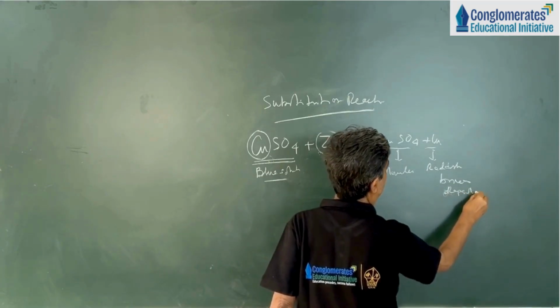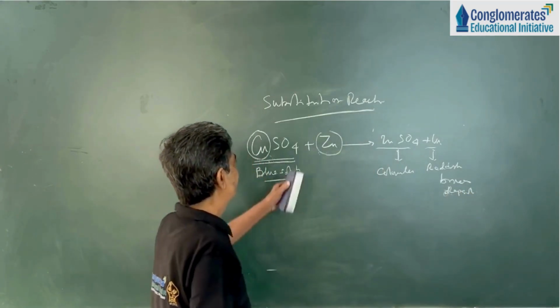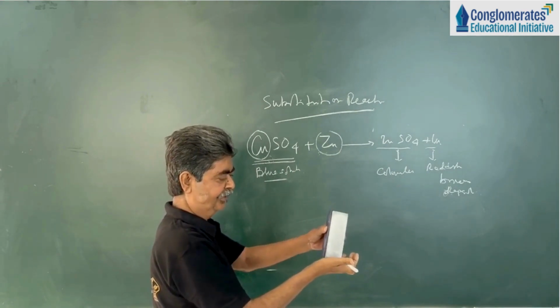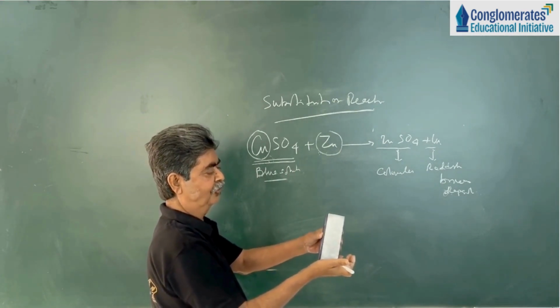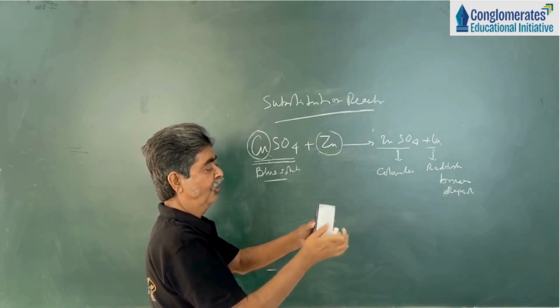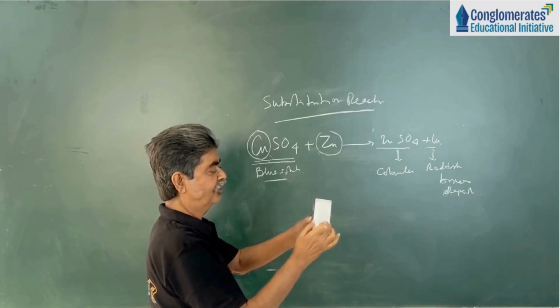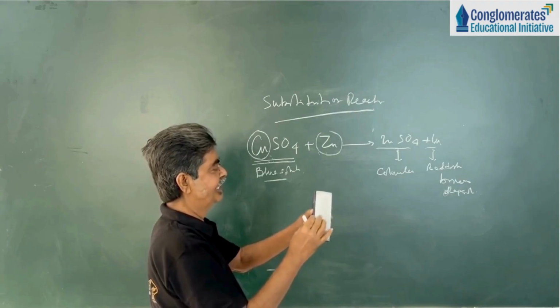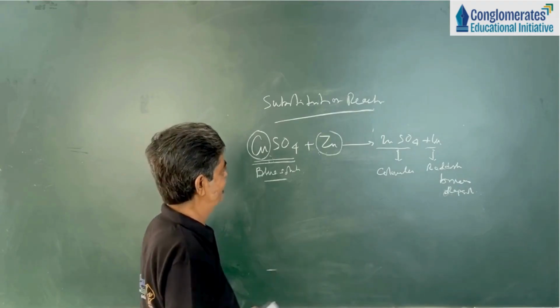So when a zinc rod or zinc plate is kept inside a beaker containing copper sulfate, gradually the blue color disappears, and on the zinc plate copper deposition takes place, that is, reddish brown deposition.